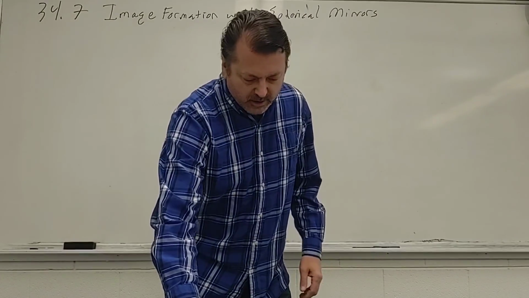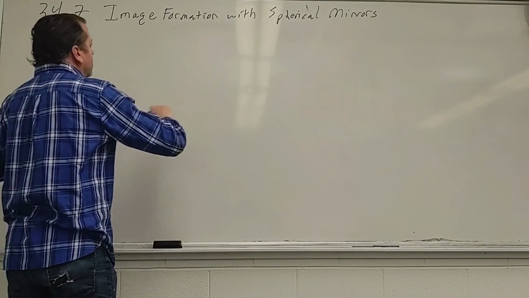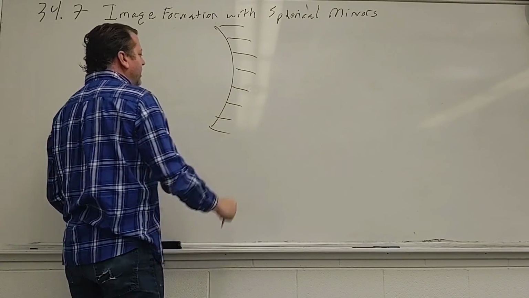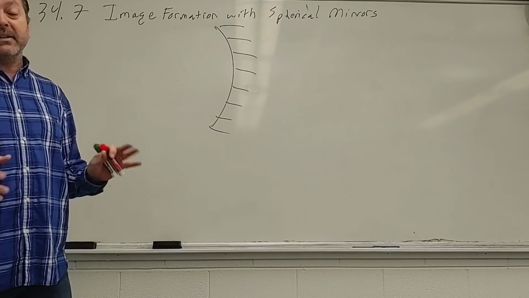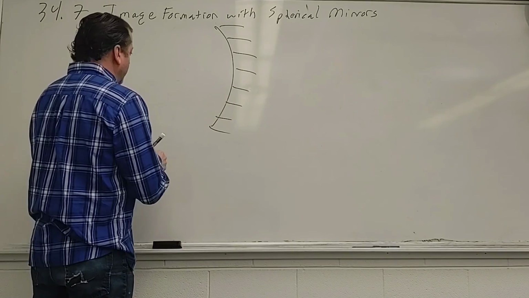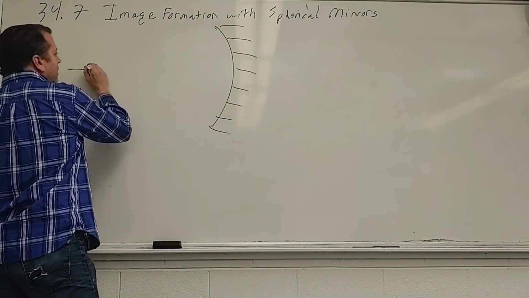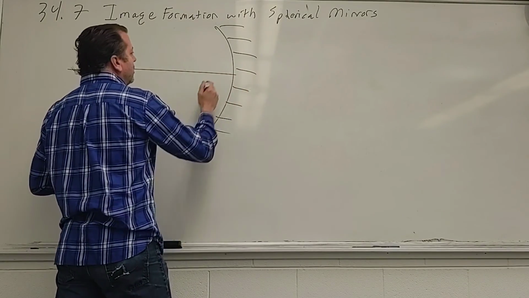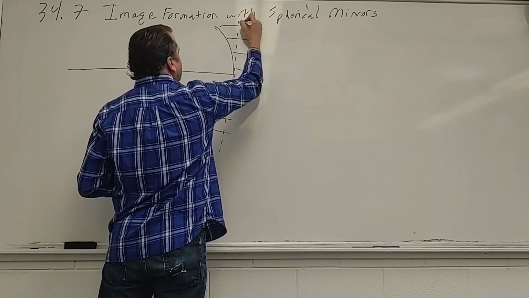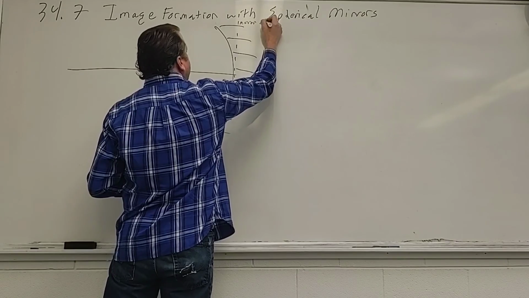All right, let's look at concave mirrors. Now here I'm going to do this on this side. That basically means you can't get past it. It's a barrier. We're going to draw in the optical axis here. What we assume is the lens axis now would be the mirror axis.